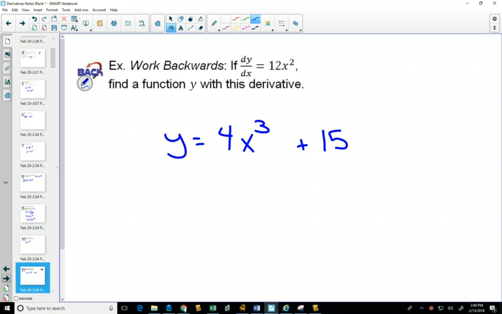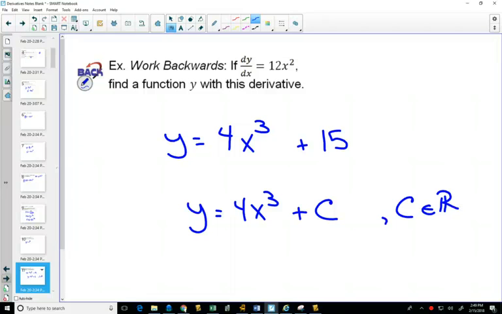When we get to that, two units down the line, we will eventually have that the answer to this is 4x cubed plus c, and then we could define c as any real number. You don't write plus infinity because that's not really a number. What we're saying here is it's plus any number, where that number can be any real number, because the derivative of that would be 0.